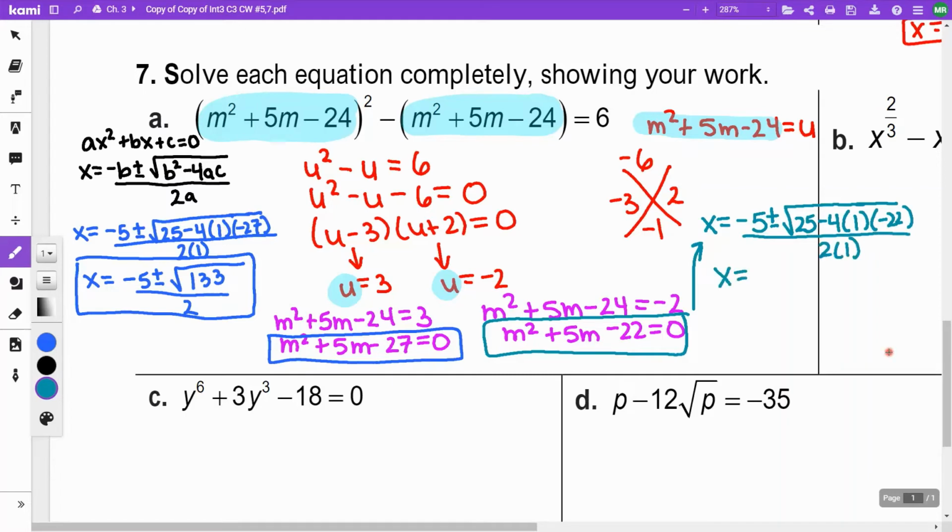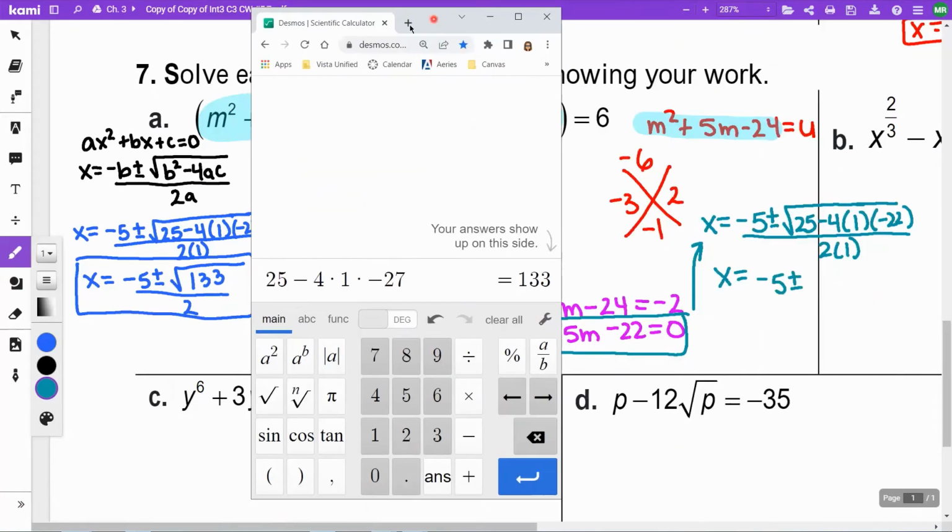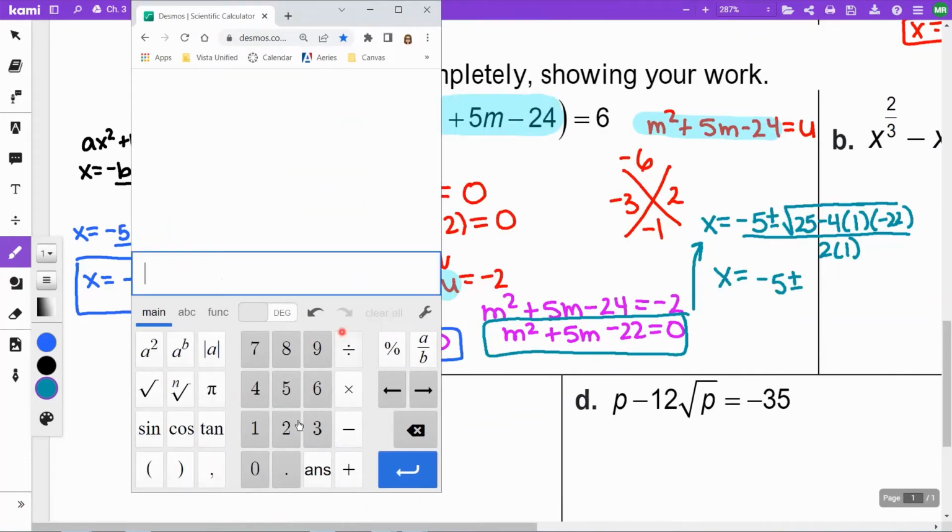Okay, so I'm going to have a negative 5 plus or minus, and let me do, again, the square root. What's underneath the square root, I should say. So let me move this over here for a sec, and let me clear.